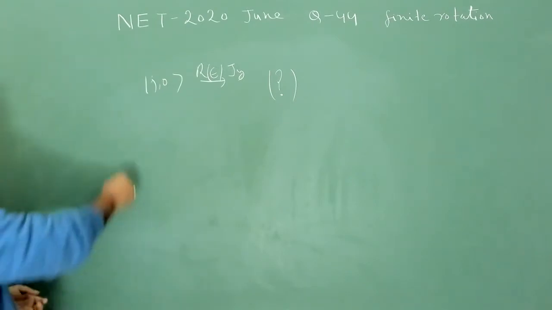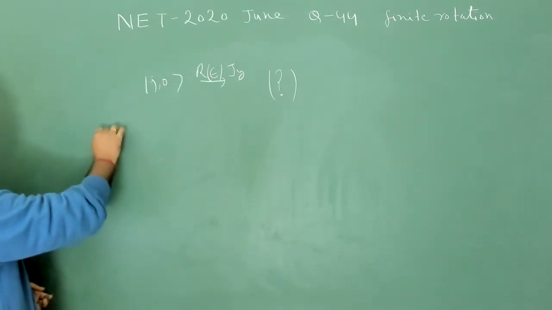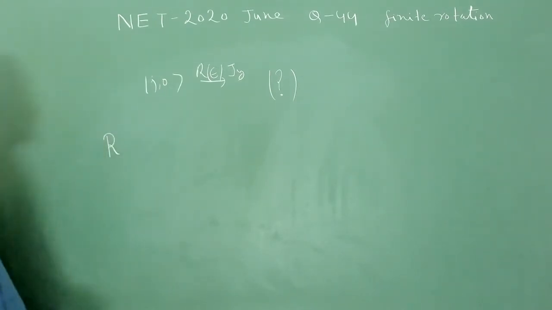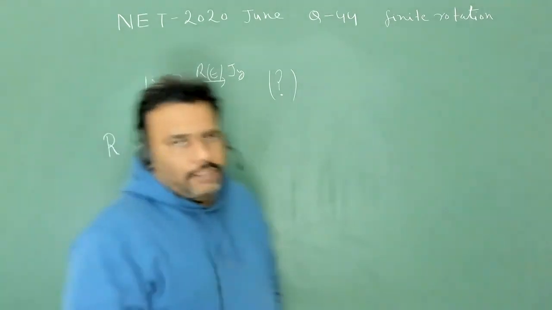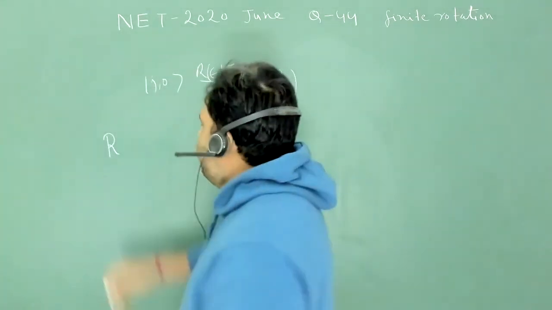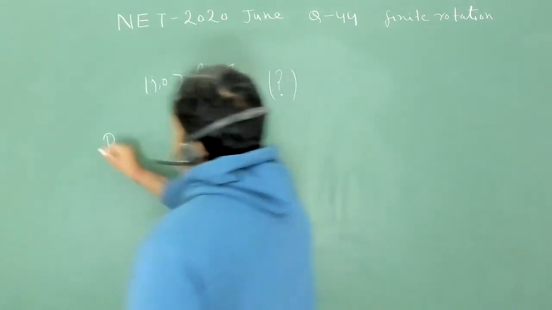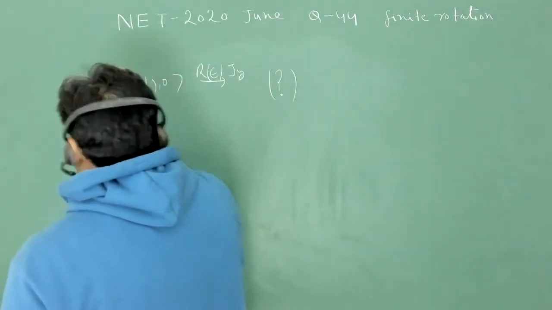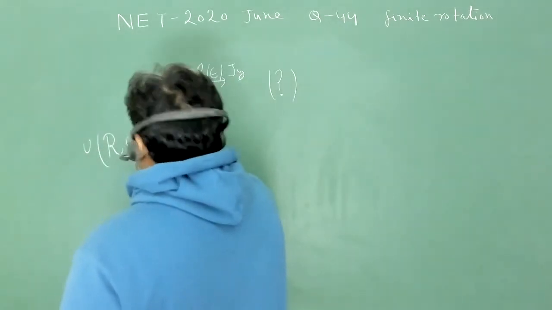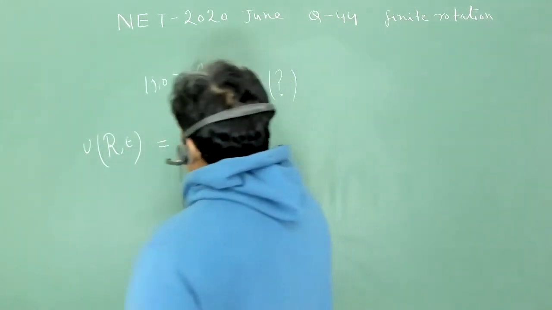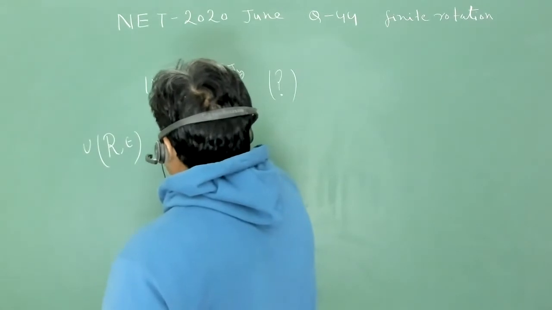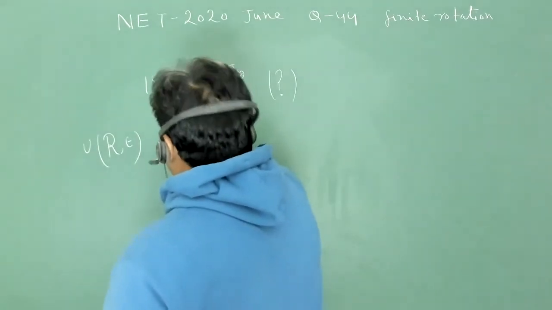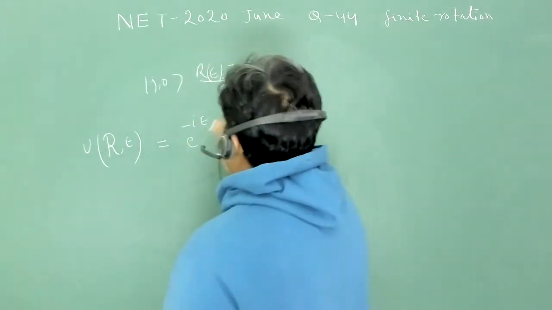Obviously we need some rotational operator, and this must be a unitary operator, with some parameter epsilon, and this can be identified as e to the power minus i epsilon Jy upon h cut, because epsilon is the angle of rotation.